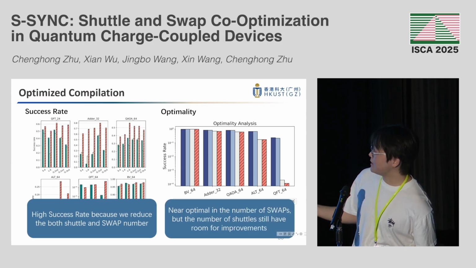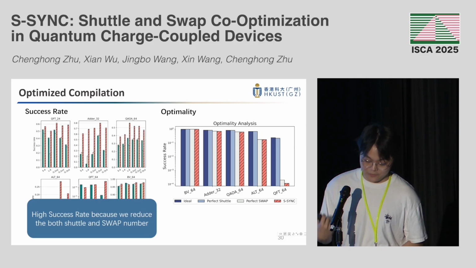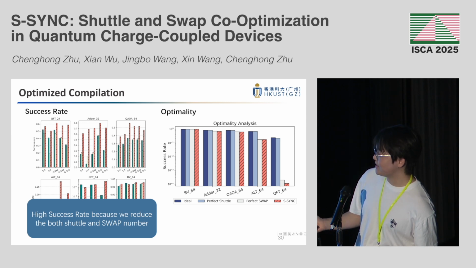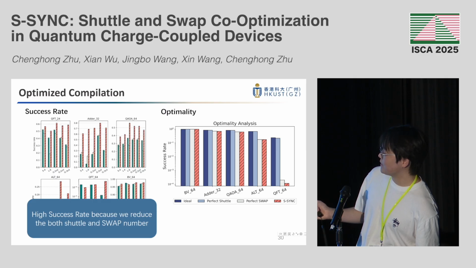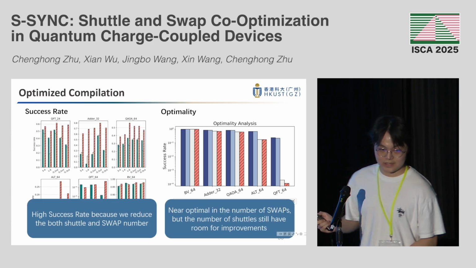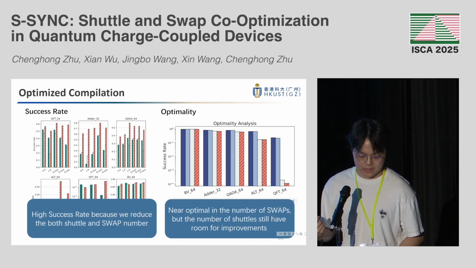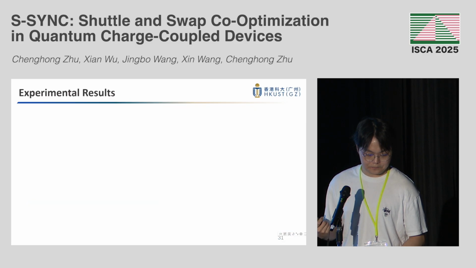We can show that our compiler can actually achieve near optimal performance for many applications, but you may notice that for QFT, we can achieve good results in perfect swap, but for perfect shuttle, there's still a huge gap here. So it means that we still have room for improvement in the shuttle operations.